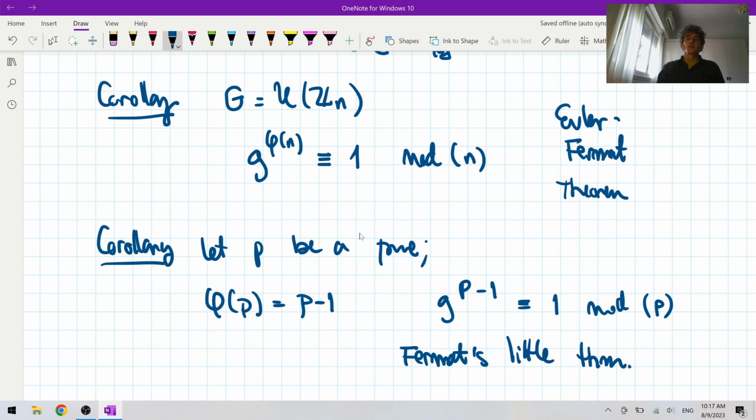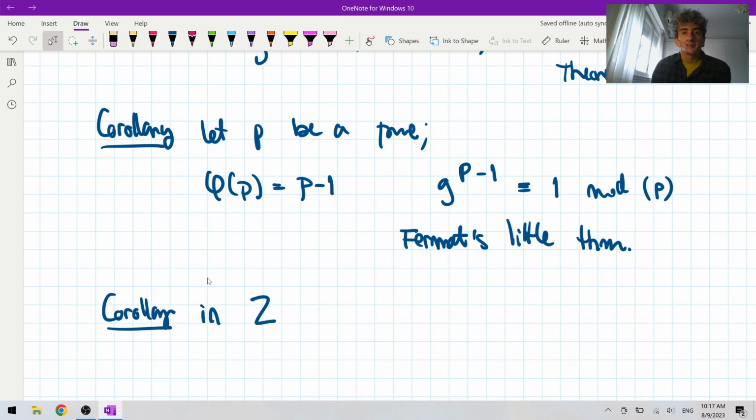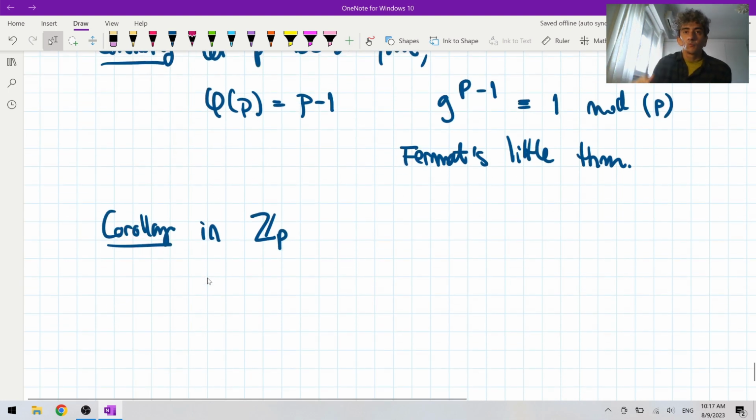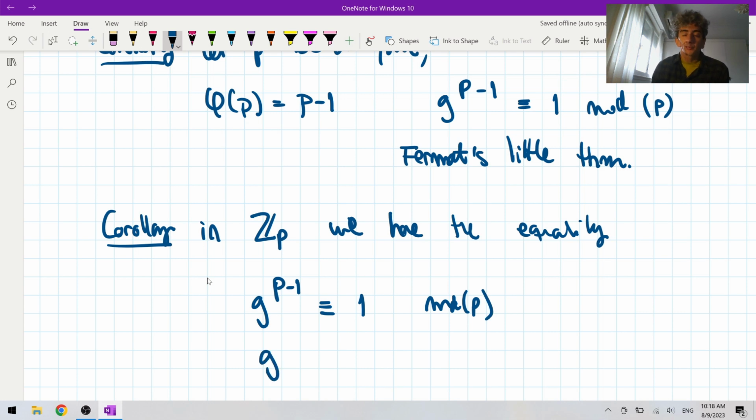Okay, so this is a very important result, and this also gives a corollary in Z_p. There's an equality: g to the p minus 1 equals 1 modulo p, which is also sustained modulo p.